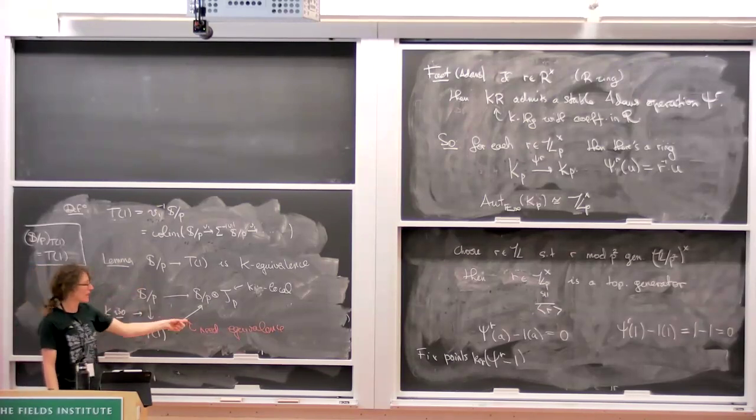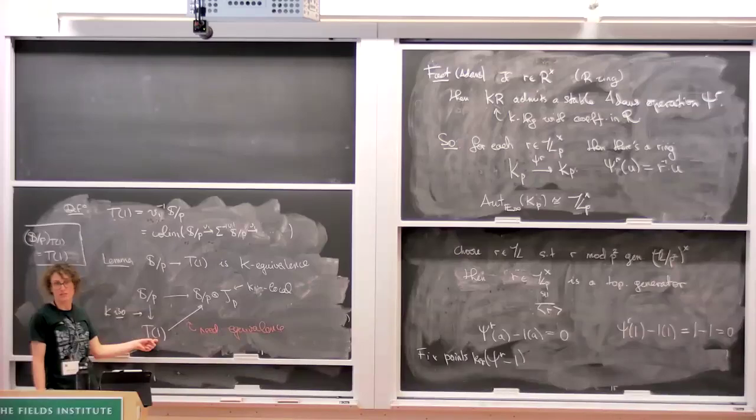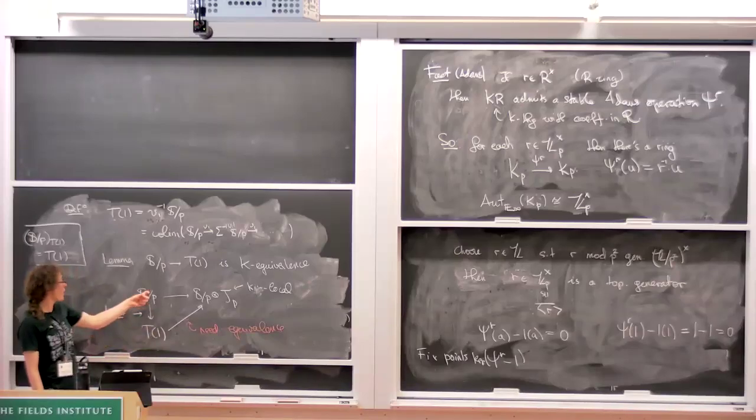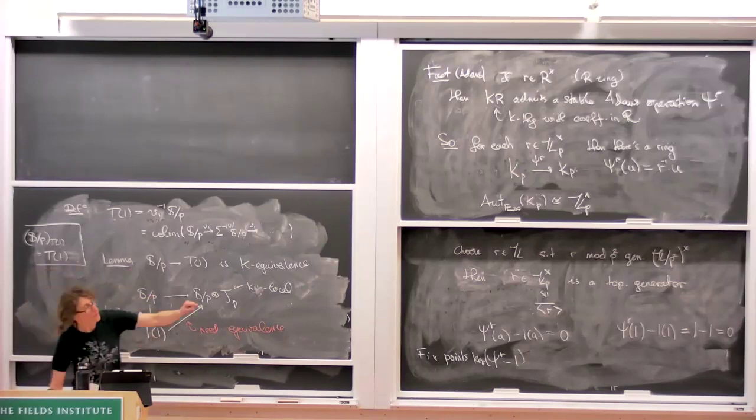Let me say that again. If this is an equivalence, this makes this K local, and therefore we'll have a K-isomorphism from S mod p to a K local thing, and that will have to be localization, and our goal will be achieved.